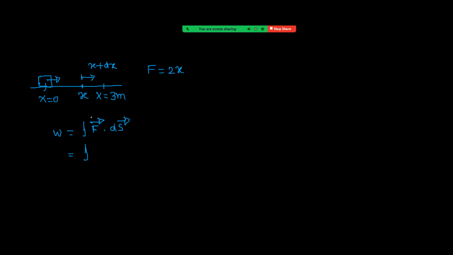Then the work done in this small displacement: force is 2x, displacement is dx, and between the force vector and displacement vector the angle is 0, so it is cos 0. Then see what we get.